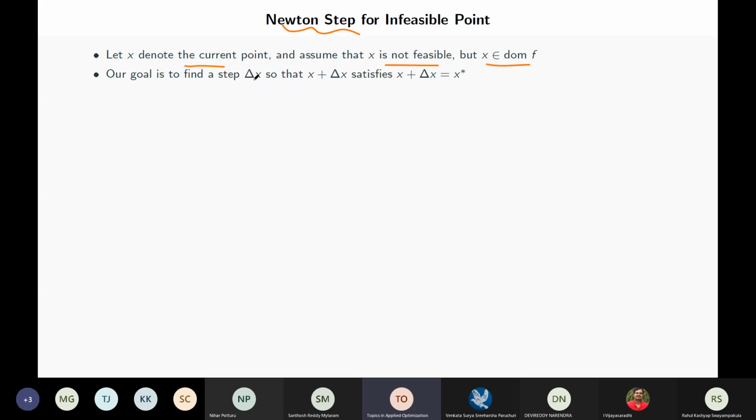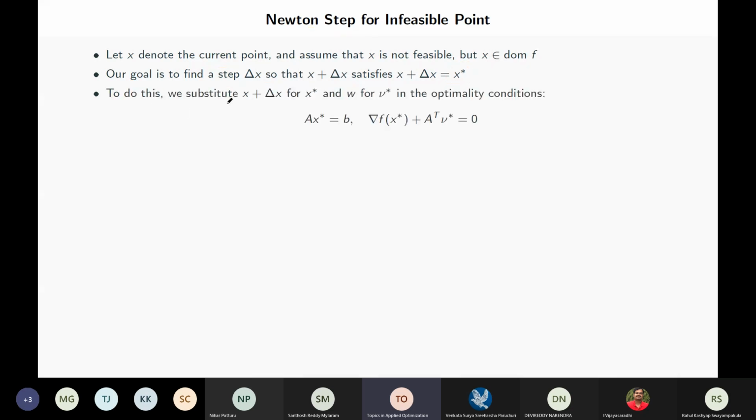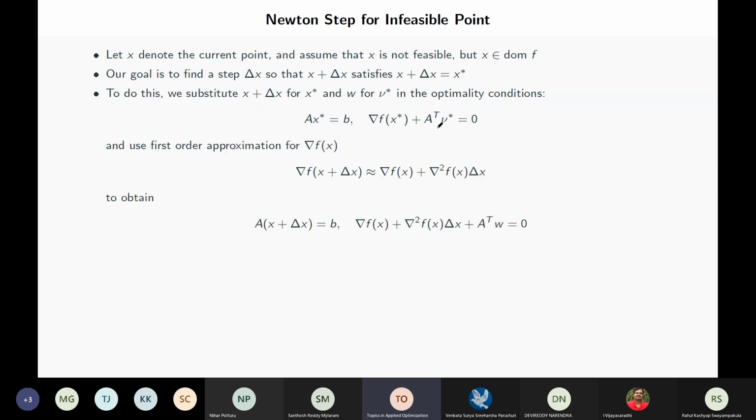So our goal is to find a step delta x so that x plus delta x goes to some optimal value, right? So x star is the optimal value. To do this, we substitute x plus delta x for x star and nu for nu star in the optimality conditions, and use the first order approximation of grad f(x).